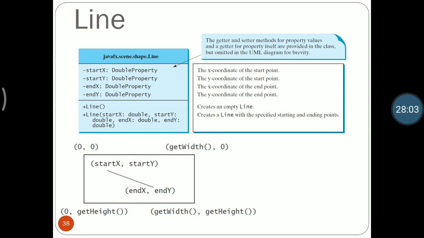Next is Line. The parameters are start x, start y, end x and end y, meaning every line will have 4 compulsory parameters: starting of x, starting of y, ending of x and ending of y. Two constructors are there. First one is Line, second one is Line with start x, start y, end x and end y. As in the figure we can see here our pane contains a line with start x, start y, end x and end y parameters.